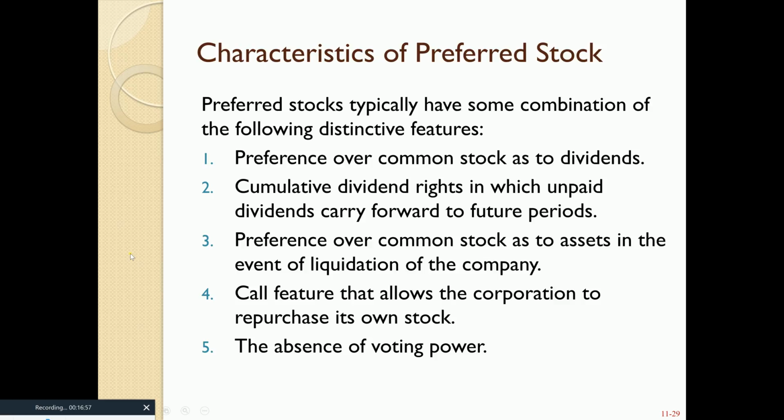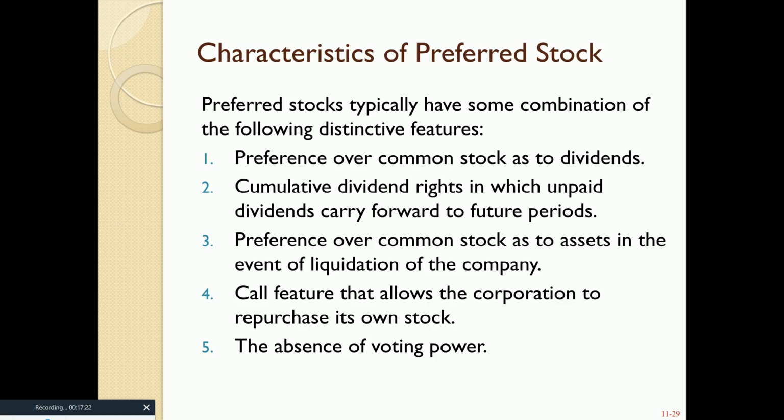The other type of stock is called preferred stock. Now, preferred stock, the reason why they're called preferred stock is because they have preference, hence the term preferred. They have preference over common stock when it comes to dividends. So preferred stockholders get in line first before the common stockholders can get paid out the dividend.